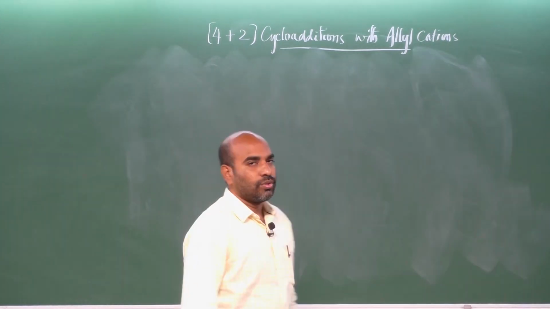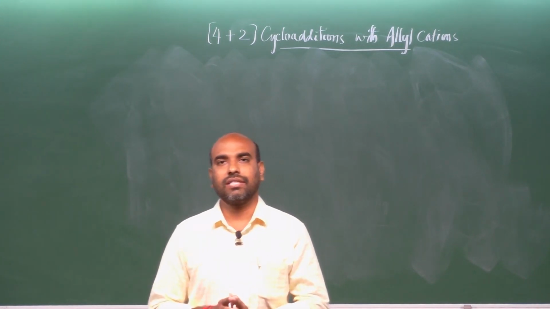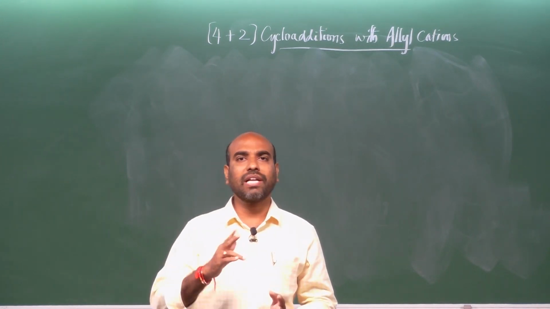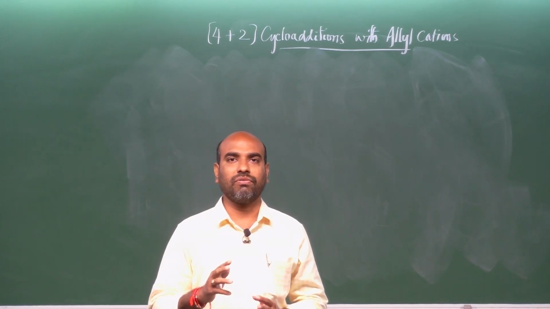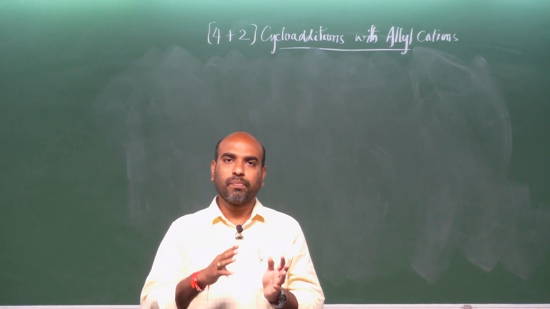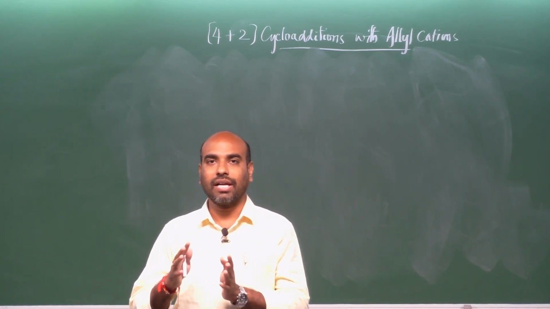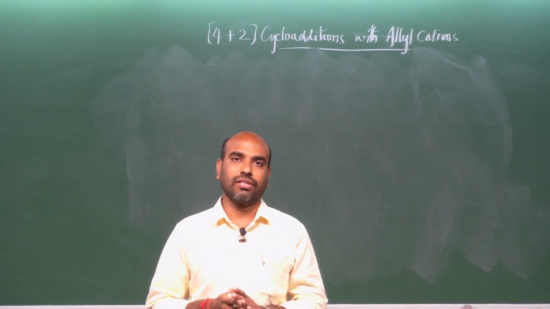So, alpha alpha dash dihaloketones, upon 2 electron reduction in the presence of a metal like zinc or iron will produce the allyl carbocations, which are called oxyallyl cations, right.